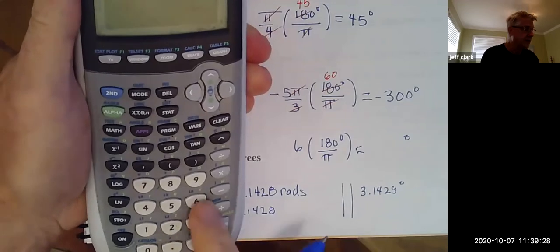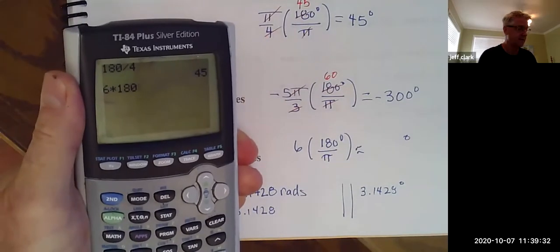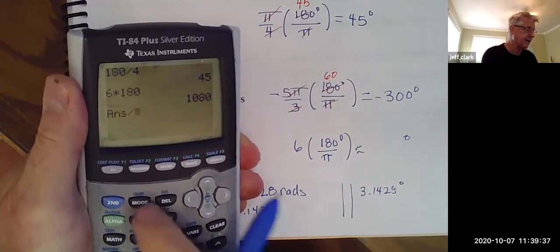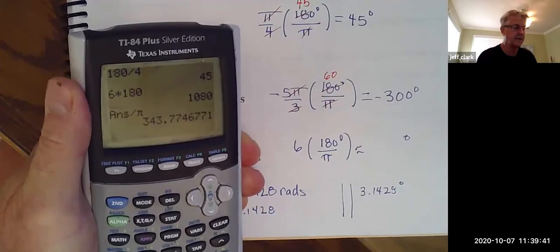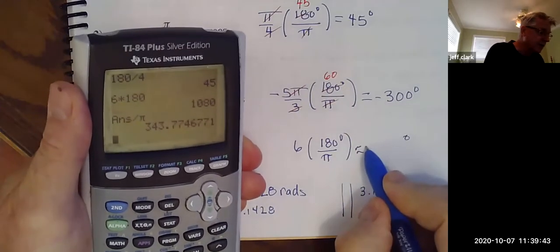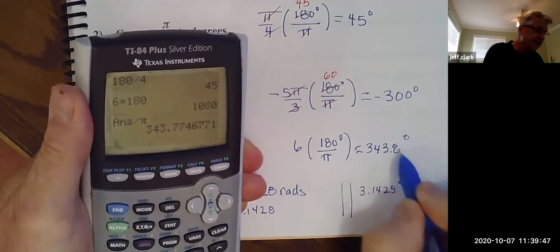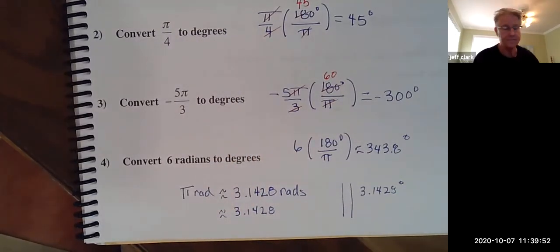So I would go 6 times 180 and then divide that by pi, and you get a decimal. So that's degrees. It's roughly 343.8 degrees if I did it to the tenths place.